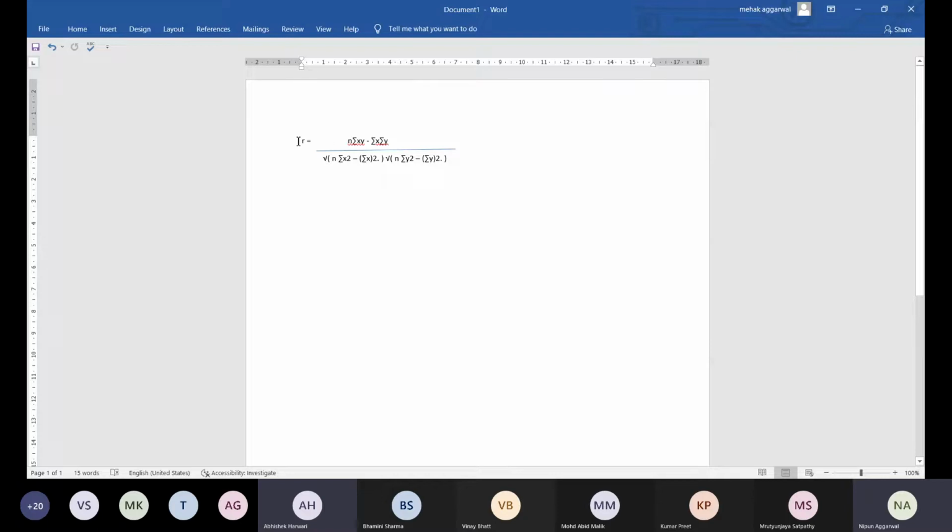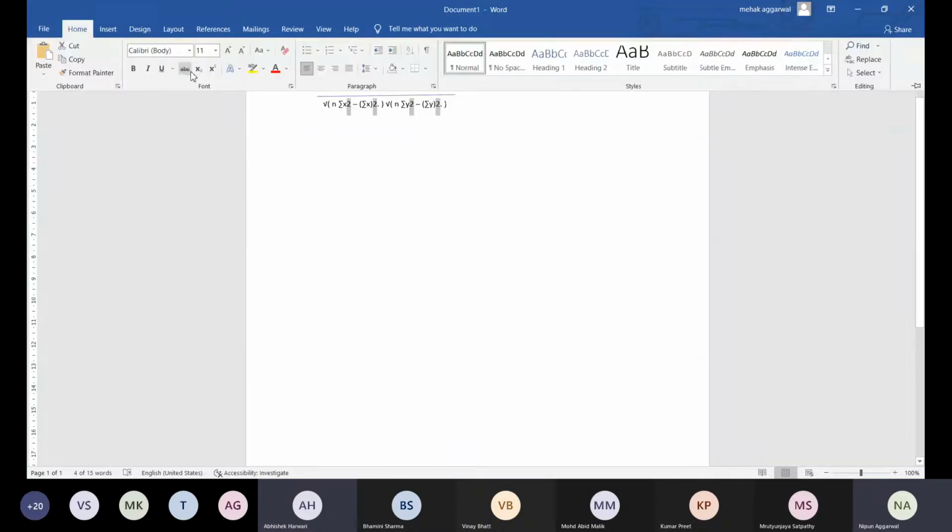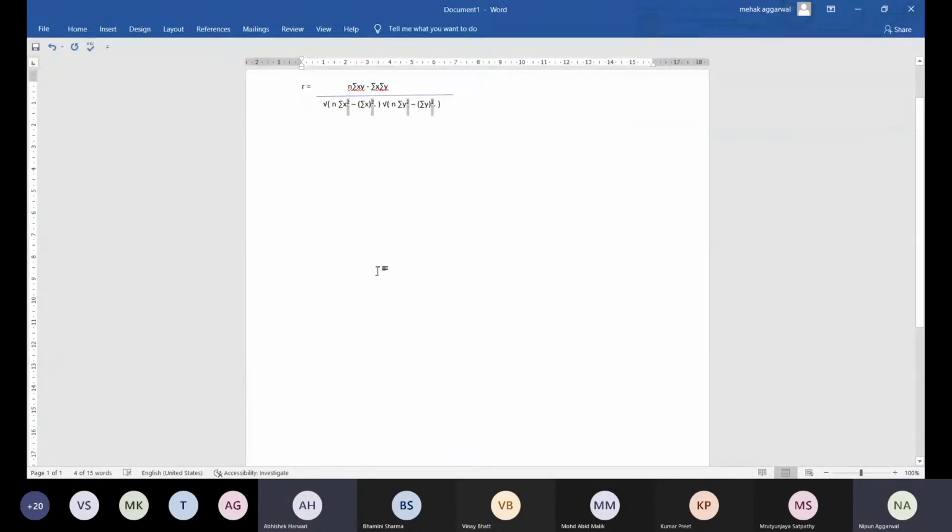So that is n sigma xy minus sigma x into sigma y, divided by under root of n sigma x square minus sigma x whole square, then into under root of n sigma y square minus sigma y whole square. So this becomes the formula for the Karl-Pearson's coefficient of correlation.